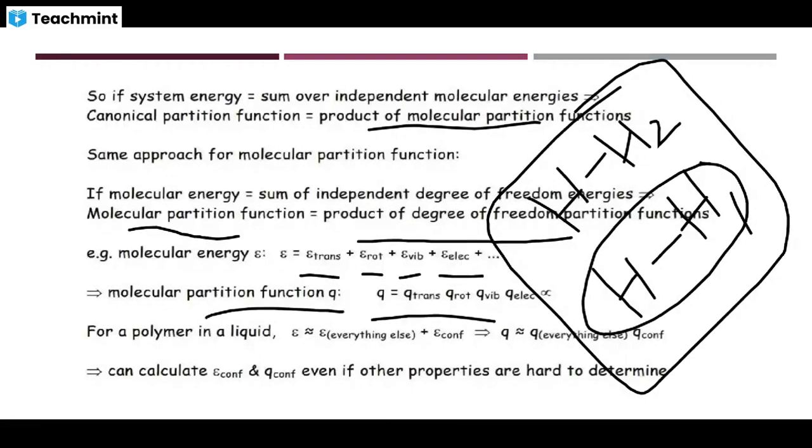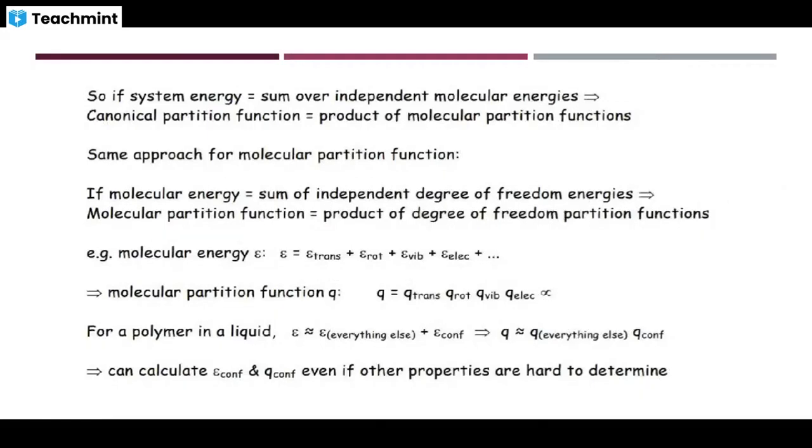If you take a polymer in a solution, it has configurational energy and everything else, other energies. Then q is nothing but q for everything else times q configurational. We can calculate q configurational even if other properties are hard to determine.